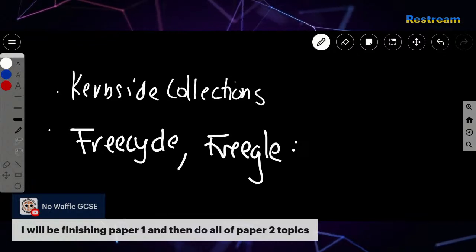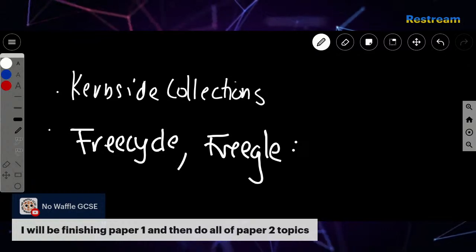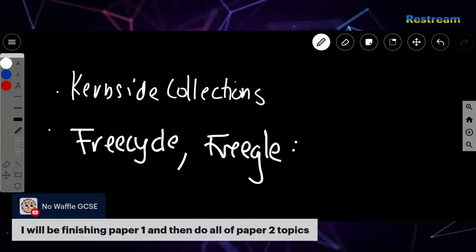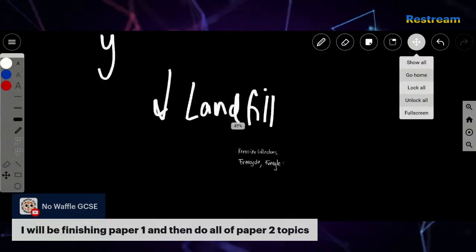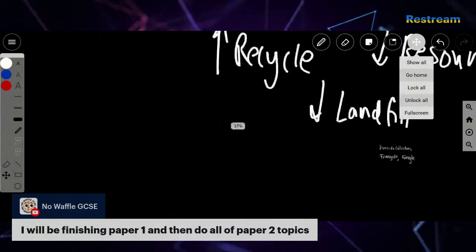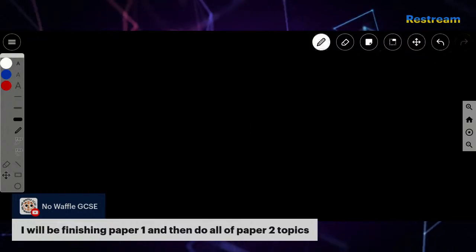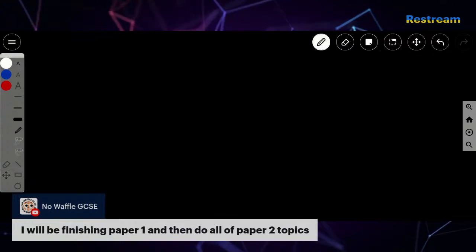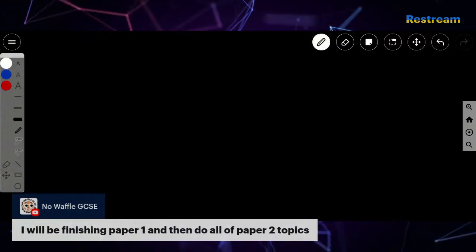Now, the final part of this topic is traffic management. Because in urban areas, especially if any of you live in urban areas, which apparently 80% of us do in the UK, there is a lot of traffic, and in most of the areas, things like cars and lorries can cause issues.